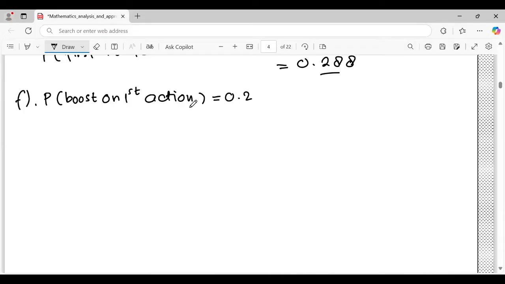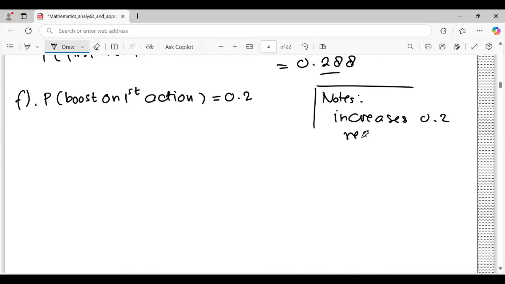And the probability of the next action being boosted, according to the information, increases by 0.2, and after a boost the probability of the next action being boosted resets to 0.2. So writing here for the note that the probability increases 0.2 and resets to 0.2. This is an important note.